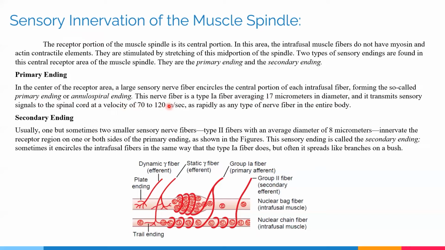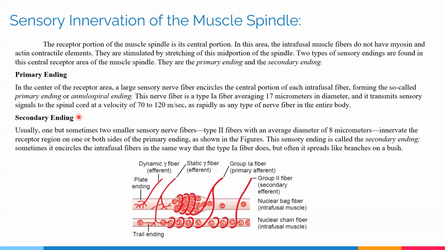This nerve fiber is a type 1A fiber averaging 17 micrometers in diameter, and it transmits sensory signals to the spinal cord at a velocity of 70 to 120 meters per second, as rapidly as any type of nerve fiber in the entire body.